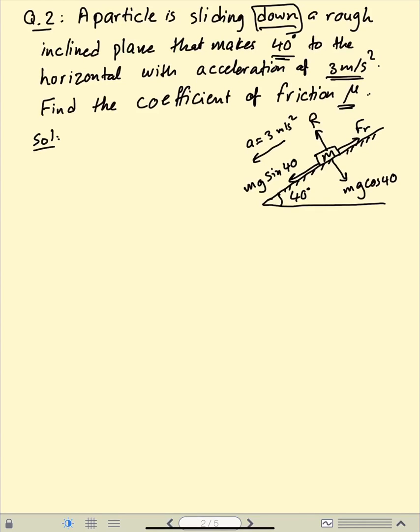It doesn't matter if I start parallel to the plane. Most of the examples or problems we start parallel to the plane before perpendicular. It doesn't matter. But in this question, m is not given. So parallel to the plane, mg sine 40 minus Fr equals ma.